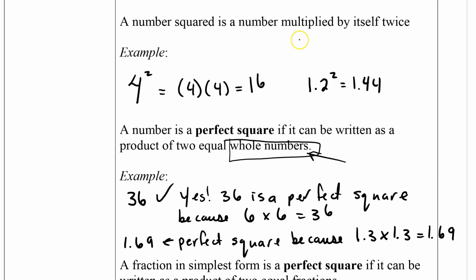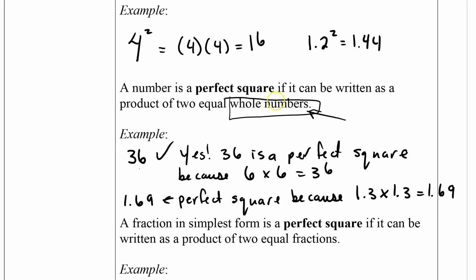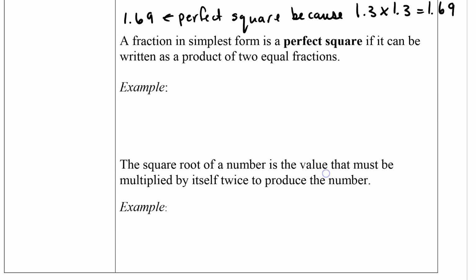We say a number squared is a number multiplied by itself twice. So 4 squared is 16. And we say that 36 is a perfect square because 6 times 6 is 36. A fraction written in simplest form is a perfect square if it can be written as a product of two equal fractions.